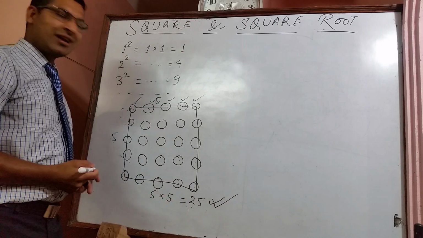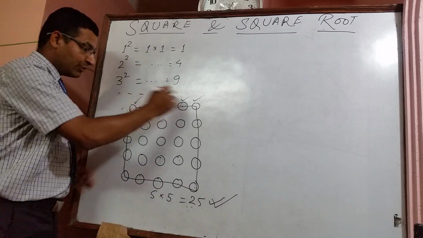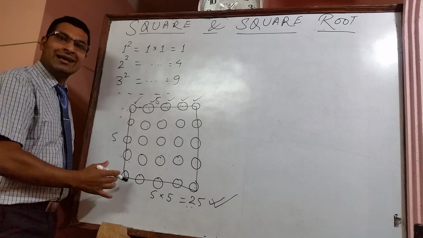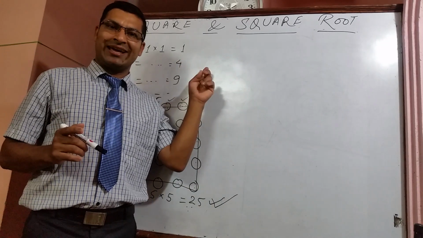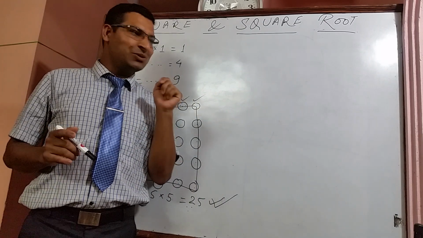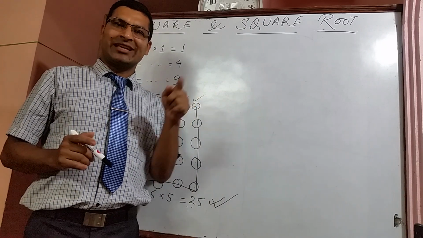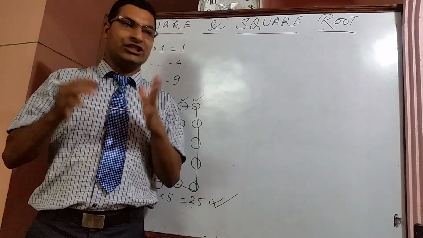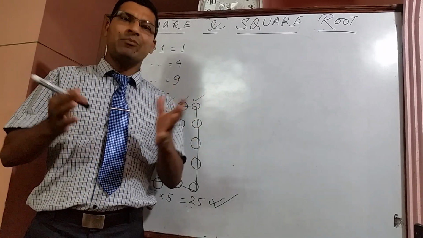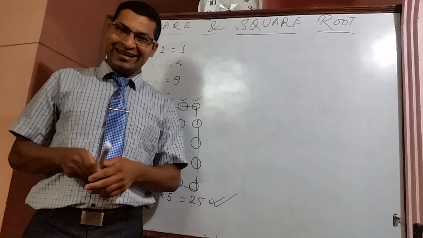So it saves your time. This can be one of the uses of finding square. That was also your question in the last session. And not only this, it is used in engineering, architecture, and even by carpenters also.